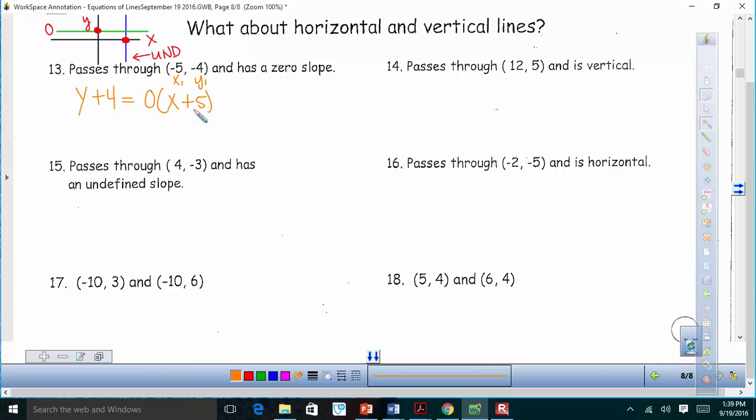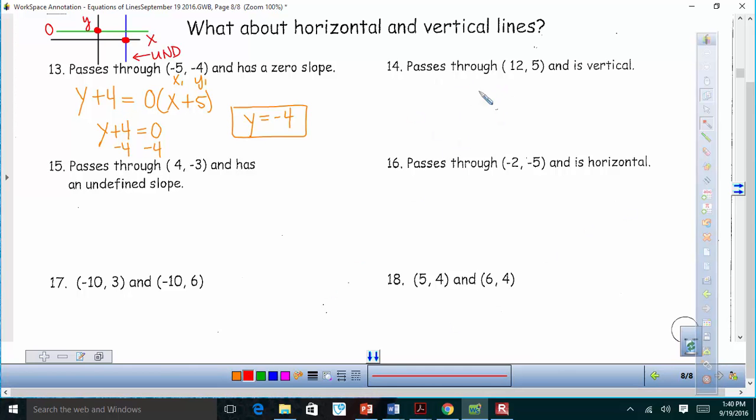What happens when we distribute the 0? It gives us all 0, and we're just left with y plus 4 equals 0. What do you think we would do from there? Subtract 4 from both sides, and so y would equal negative 4. That would be our equation for the graph. Okay? So, does that make sense to you guys?